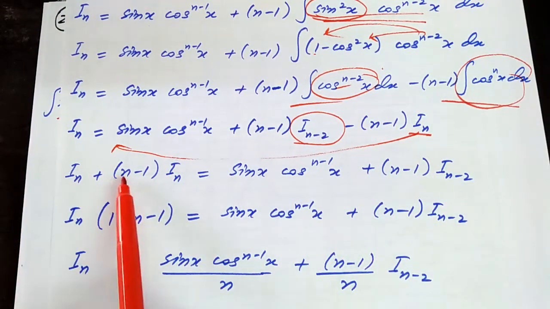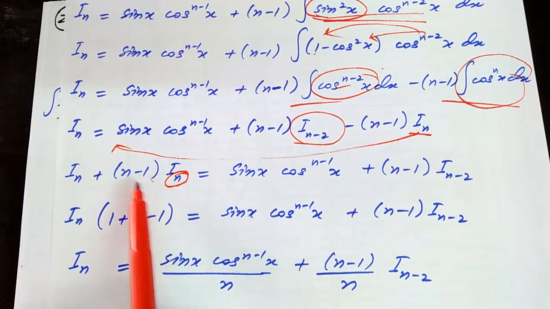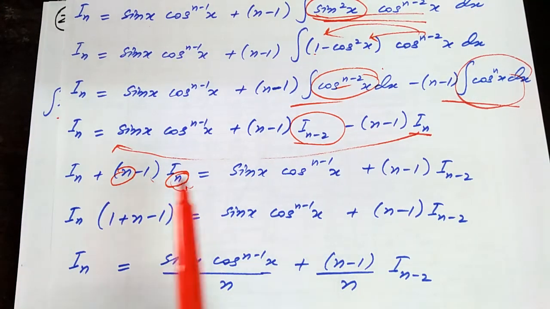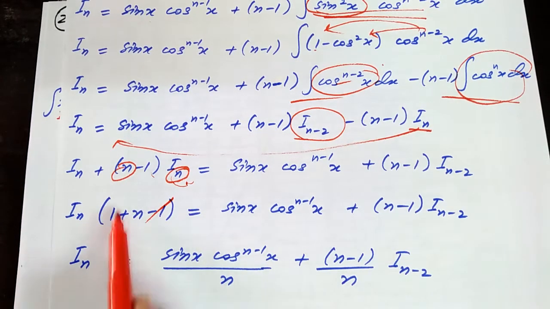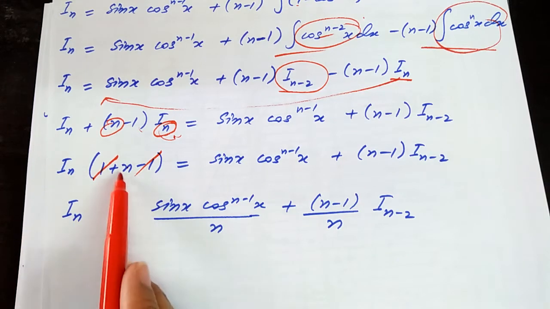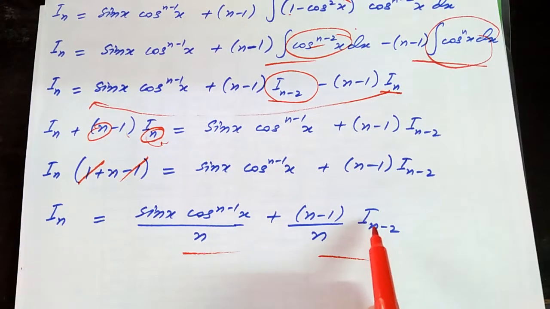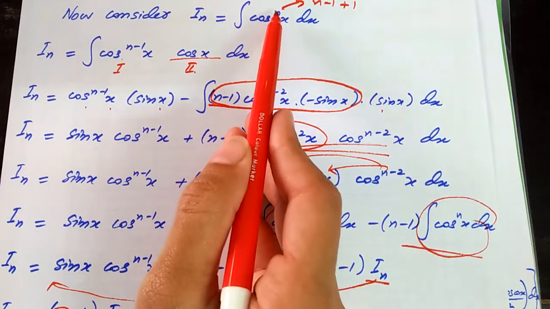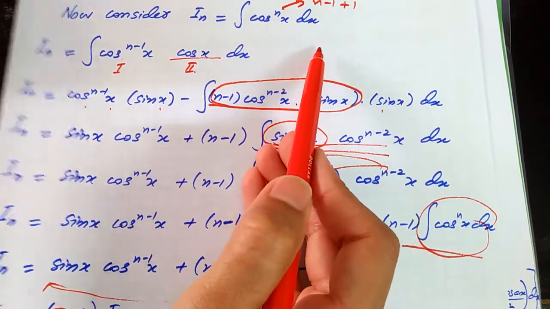It will be In plus (n minus 1) In. Don't get confused with these n's. This is a subscript representation. Okay, this will be cancelled and this n is multiplied with In. So just divide it on the other side like this. So we got the reduction formula for integration of cos n x dx.